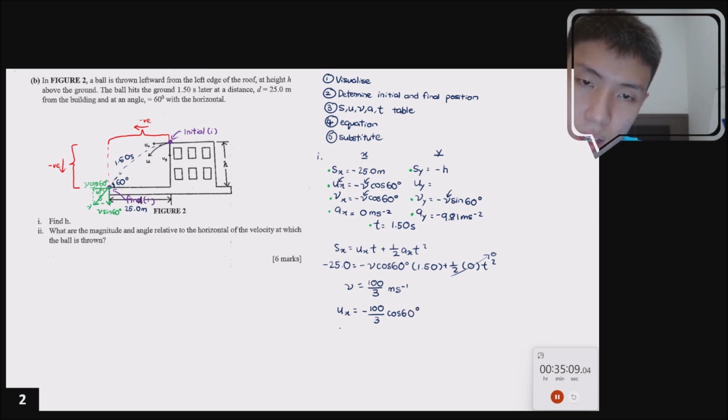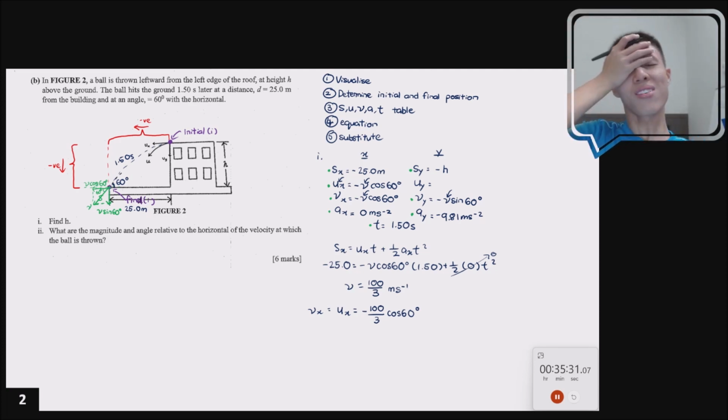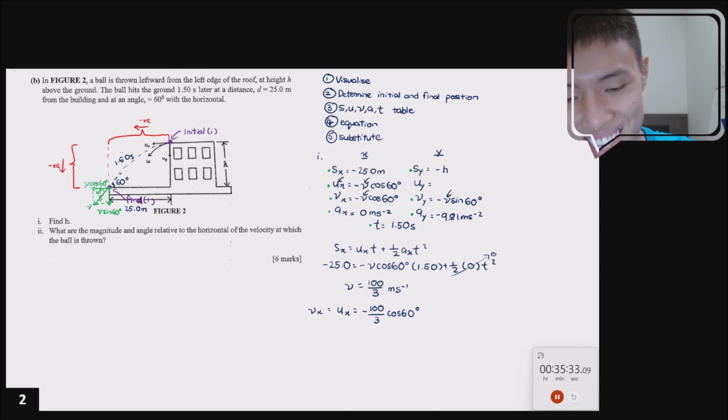We know that Vx is also the same thing, so Vx is equals to ux is equals to negative 100 over 3 cos 60 degree. So that's what we have. But what now? I forgot very important information.